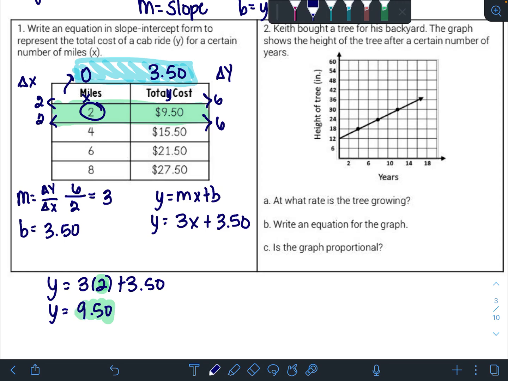On this next one here, I've got to do rise over run to find the rate at which the tree is growing. Notice again, my scale is not going by 1, so I have to be very careful here. If I pick this dot right here, I'm going from 18 up to 24.